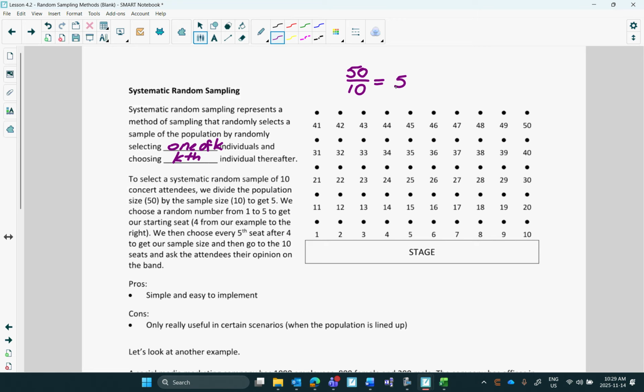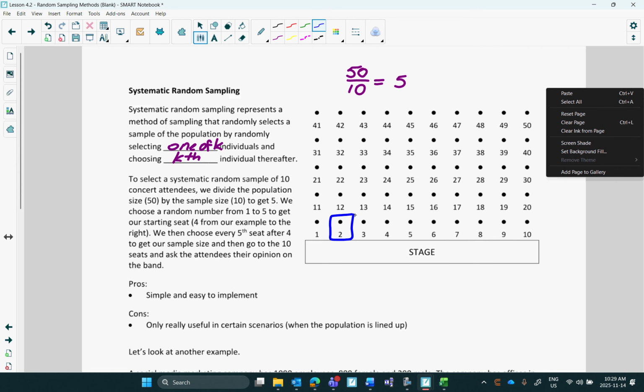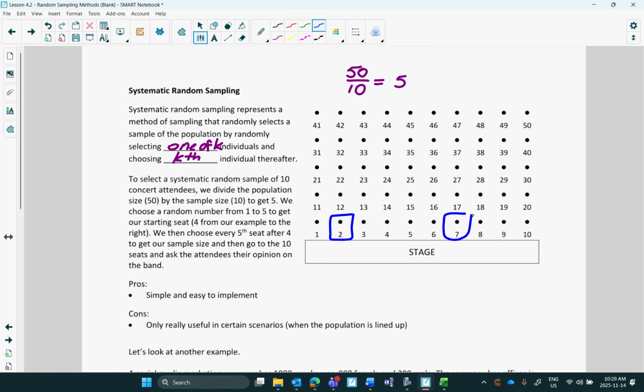So we randomly select a number from 1 to 5, and then every 5th one after that. Let's say I got 2, then every 5th one after that, 7, 12, 17, etc., gets me my 10.